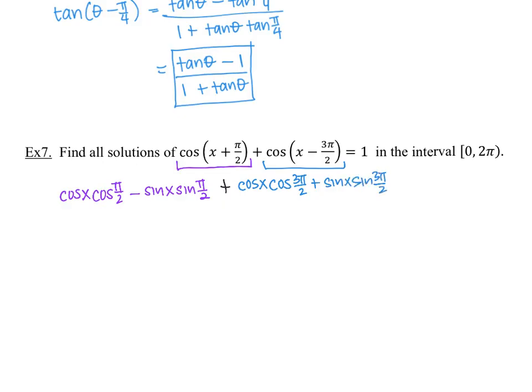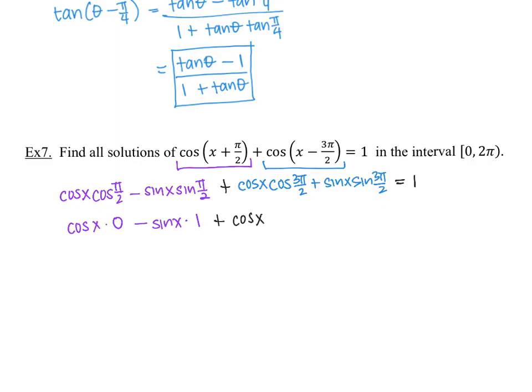I can normally remember the formula: I remember cosine is the opposite, and cosine always starts with cosine cosine. Okay, let's take a look at this mess and see what we can do with it. Cosine x is here to stay. Cosine of pi over 2 is 0. Sine x is here to stay, so the sine of pi over 2 is 1. Let's keep going. It's going to look good soon.